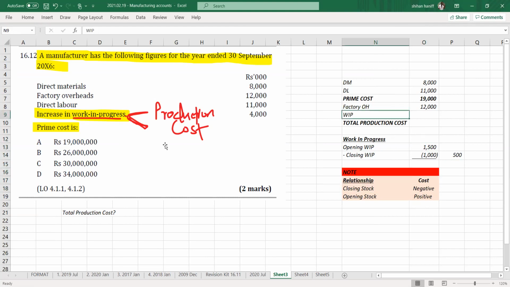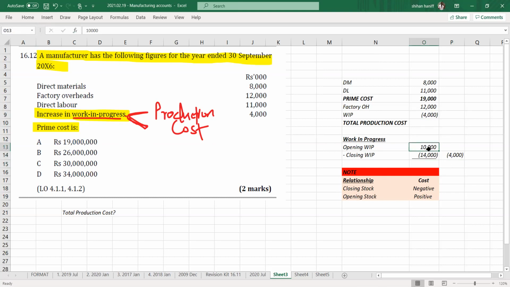So here what has happened is increase in work in progress. So if the work in progress increases, cost will decrease. Let's say from 10,000 to 14,000. If the work in progress increases, then your cost will decrease.